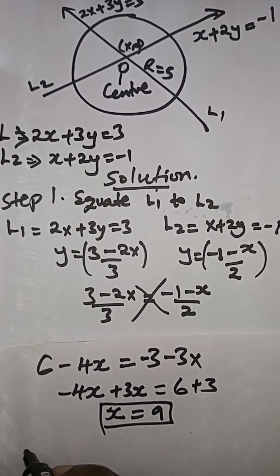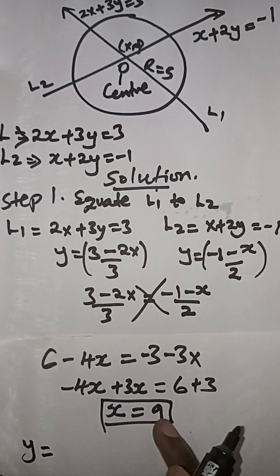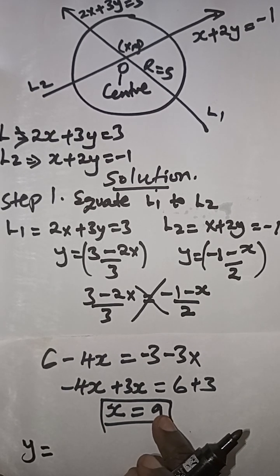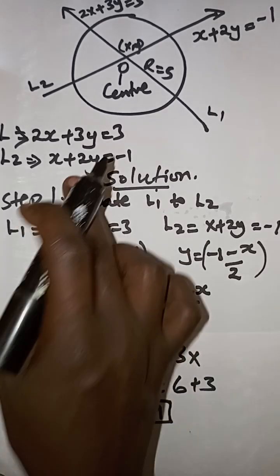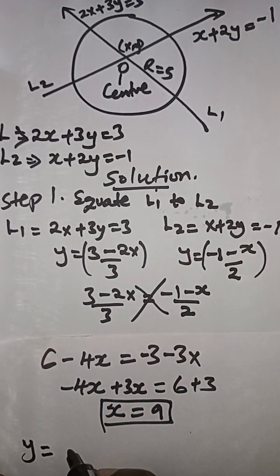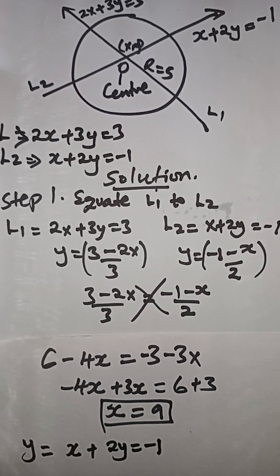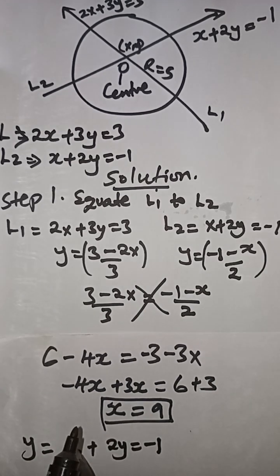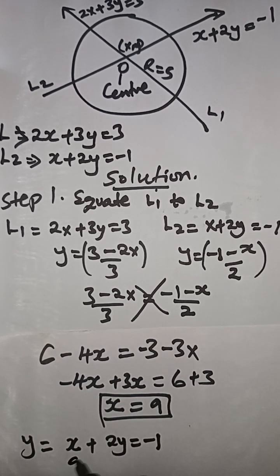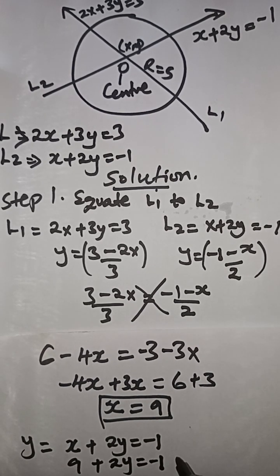So for us to get y, I'm going to substitute 9 in the equation x plus 2y equals -1. Wherever I have x, I replace it with 9, so that I have 9 plus 2y equals -1.